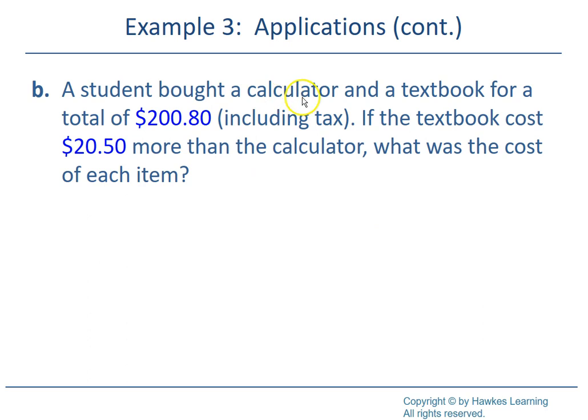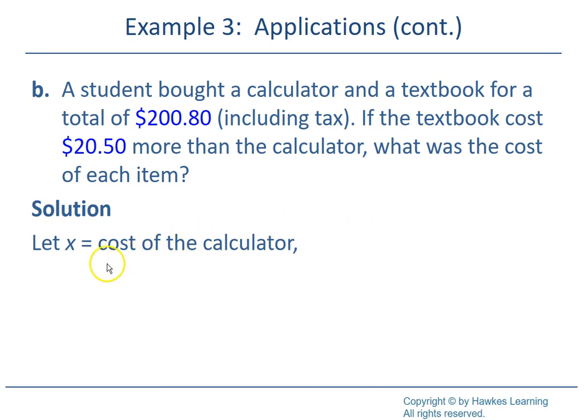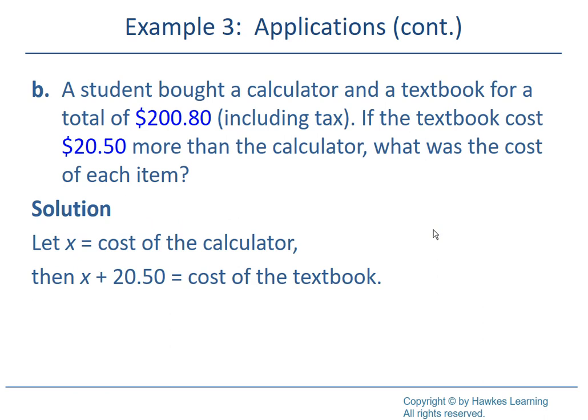A student bought a calculator and a textbook for this. If the textbook costs this more than the calculator, what was the cost of each item? And the answer is, what is the cost of the calculator? We don't know that. So let X equal the cost of the calculator.